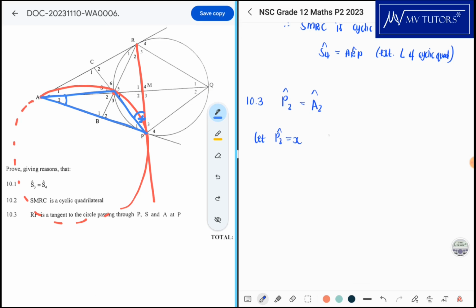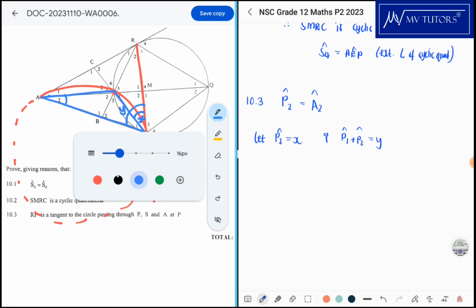Also let's just say P1 plus P2 is equal to Y. So the entire angle here, make it equal to Y. And what am I trying to achieve here?